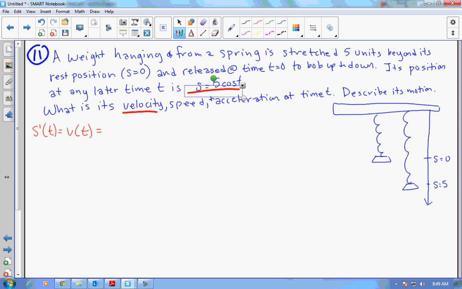What's the derivative of cosine? On your notes, derivative of cosine. Okay, so if we have 5 cosine, we get negative 5 sine t.